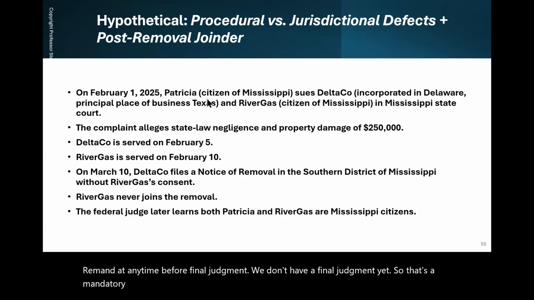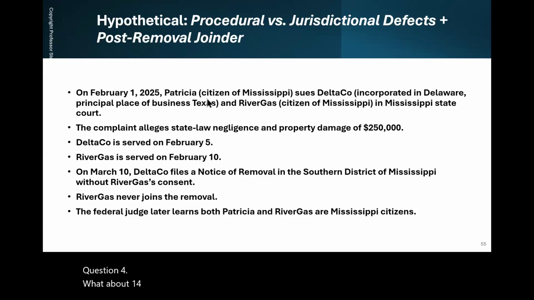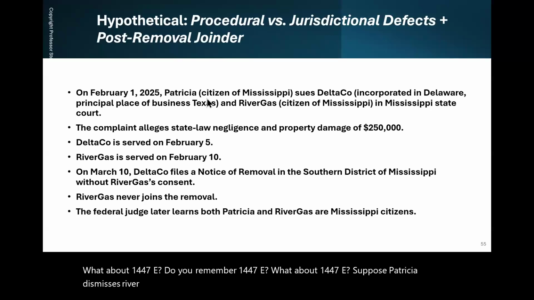Question four. What about 1447(e)? Do you remember 1447(e)? Suppose Patricia dismisses Rivergas after removal. So Rivergas is gone. Then she moves to add a new Mississippi distributor 6 months later.